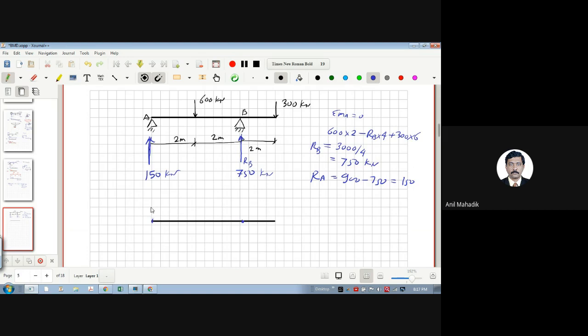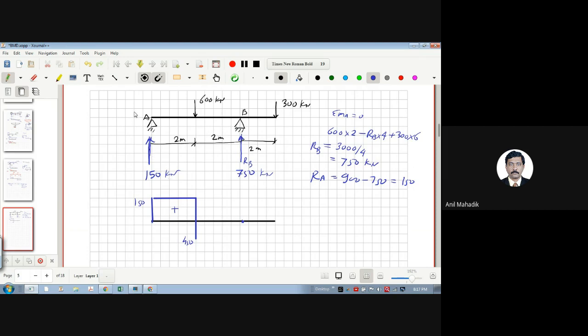Shear force here is 150, so it is linearly 150, correct? This value is 150, then constant up to here. Then to the right side, how much will it be? 150 minus 600. 450. This will be 450.